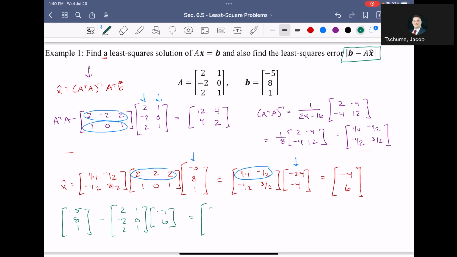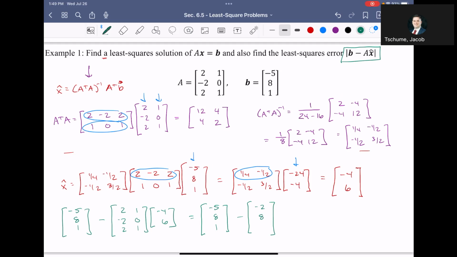So that's going to be b minus a 3 by 2 times a 2 by 1, which should be a 3 by 1. So each row times the column should be -8 plus 6, which is -2.